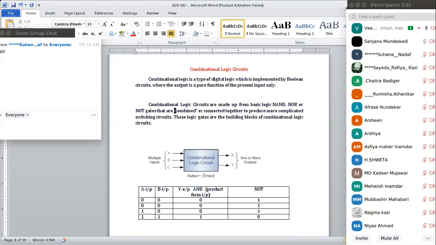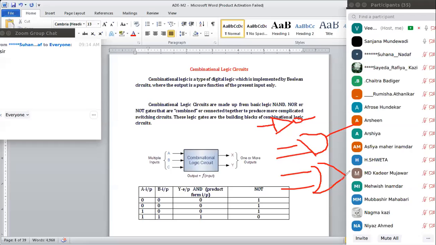So combinational logic circuits are made up of basic AND, OR, NOT, NAND, and NOR gates that are connected together to produce switching circuits. For example, we have a NOT gate, an AND gate, then an OR gate.